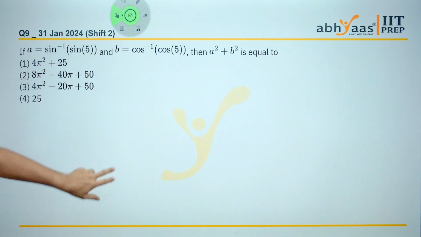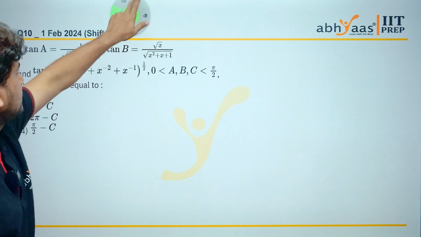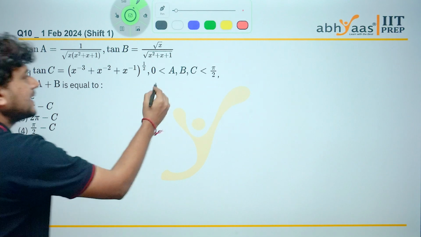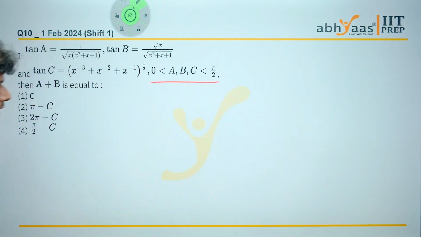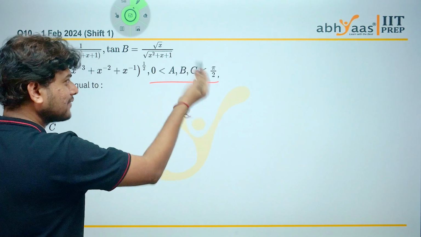Let's go to the next question. Yeah, this is our final question also. Given tan A, tan B and tan C, and A, B, C individually lie in the first quadrant.